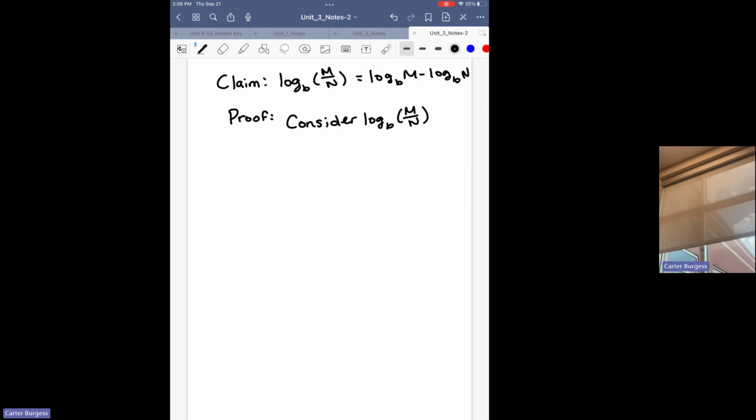So I'm actually going to rewrite m divided by n here as a product so that we can use our product rule. So this implies this is equal to log base b of m times 1 over n.